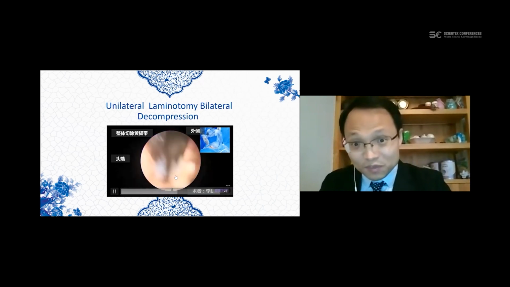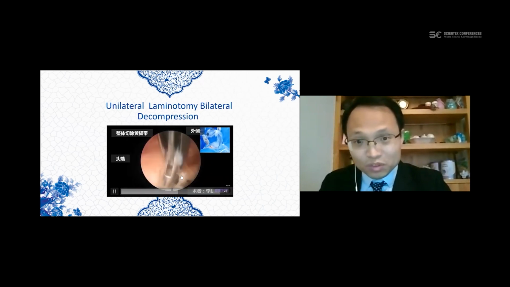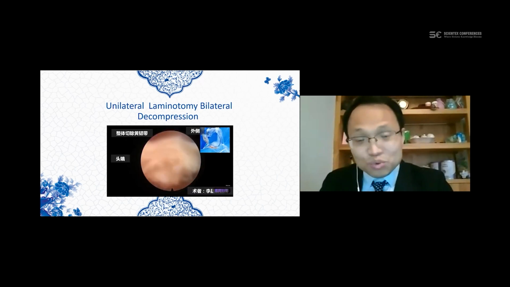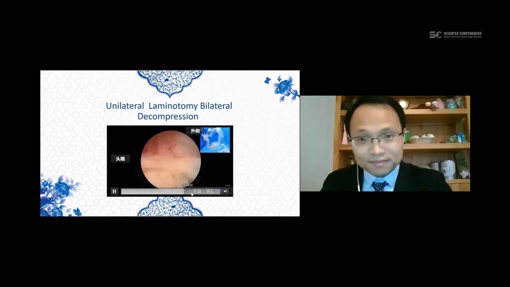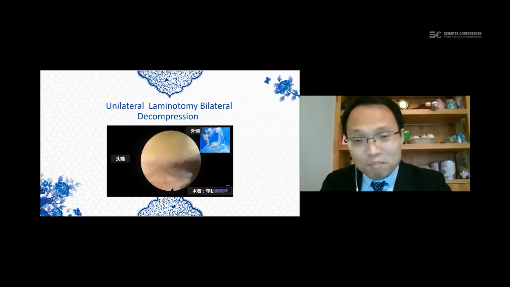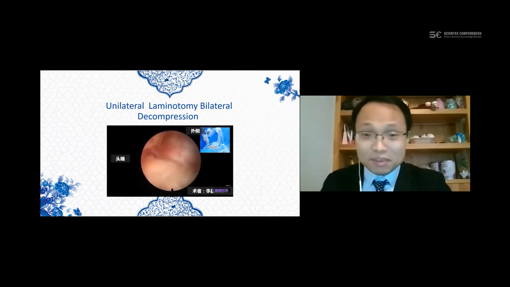The ligamentum flavum is removed by punches, and after removing it, we can see the dural sac and traversing nerve root. Now the surgery enters a full endoscopic vision period. We can see much more clearly than in traditional open surgery because of less bleeding.